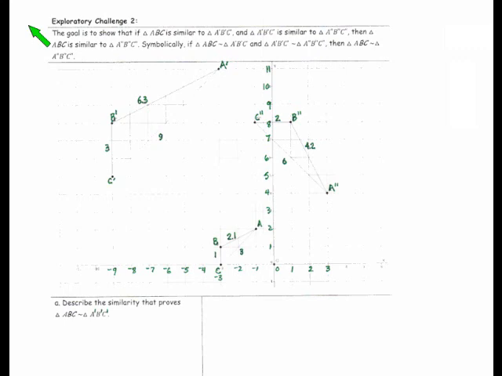Symbolically, triangle ABC is similar to triangle A'B'C', and A'B'C' is similar to A''B''C'', then ABC is similar to A''B''C''. So I'm going to take a minute and darken my figures before we continue.